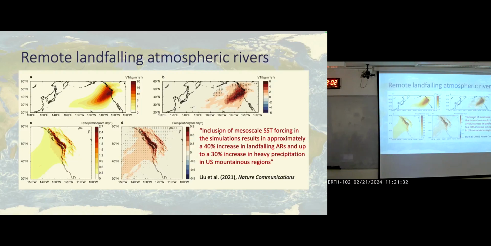They see an increase in landfall of atmospheric rivers and also a large increase in precipitation. Here they removed the eddies above the Kuroshio in the Western Pacific, but the main effect they found was over the western part of the US, a high increase in precipitation.